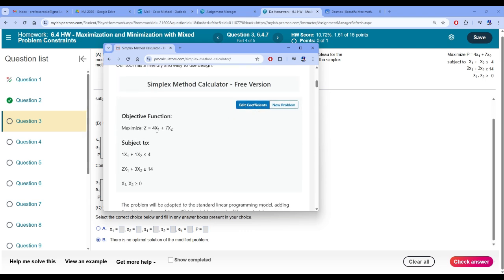Maximize 4x1 + 7x2, 1, 1 less than or equal to 4, 2, 3 greater than or equal to 14, where x1.